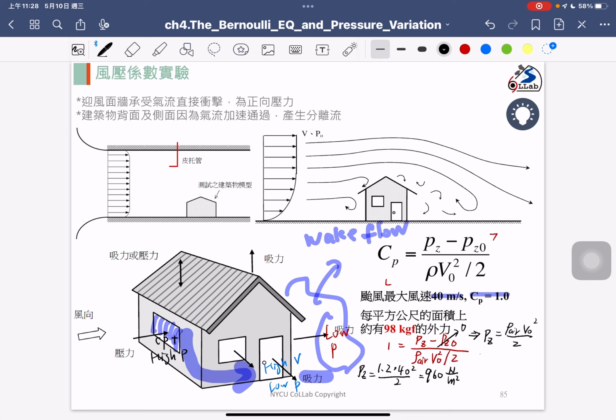Okay, so we actually know the pressure force. The pressure force is 960 Newton per meter squared.